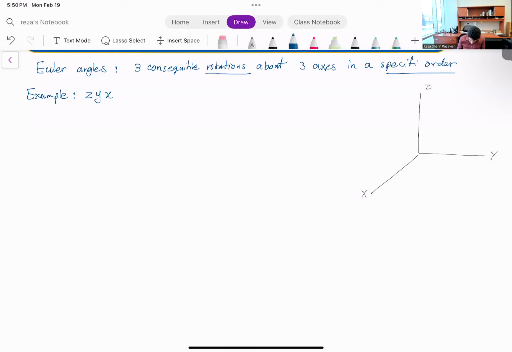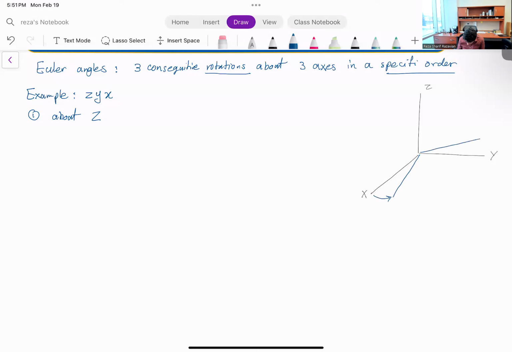So the first rotation is about Z of the big frame, because I start with my fixed frame, big XYZ, and I rotate. My X is going to come here.